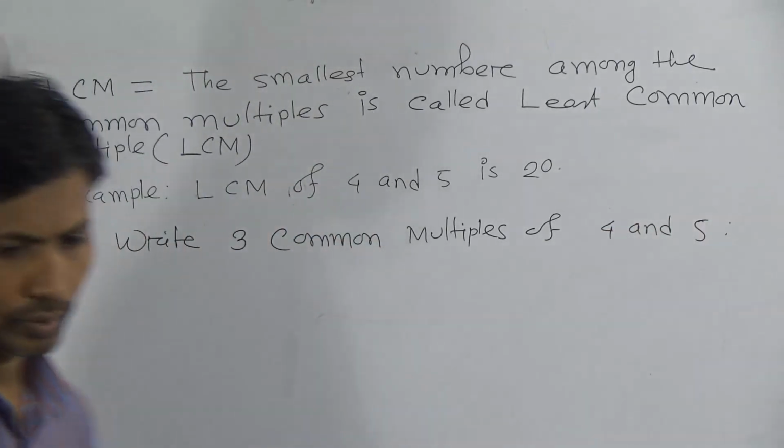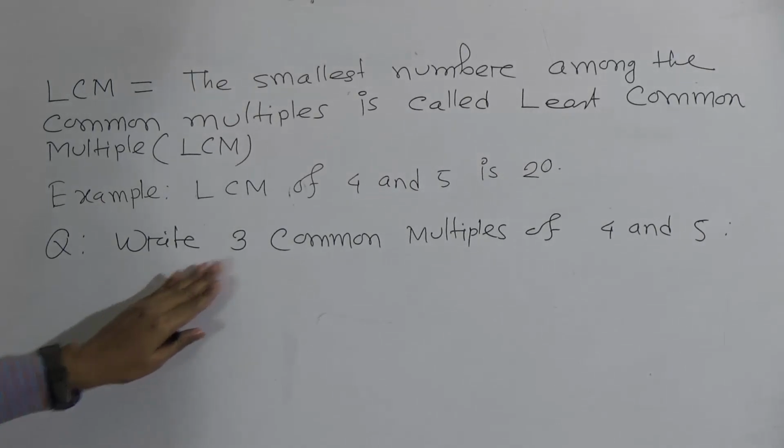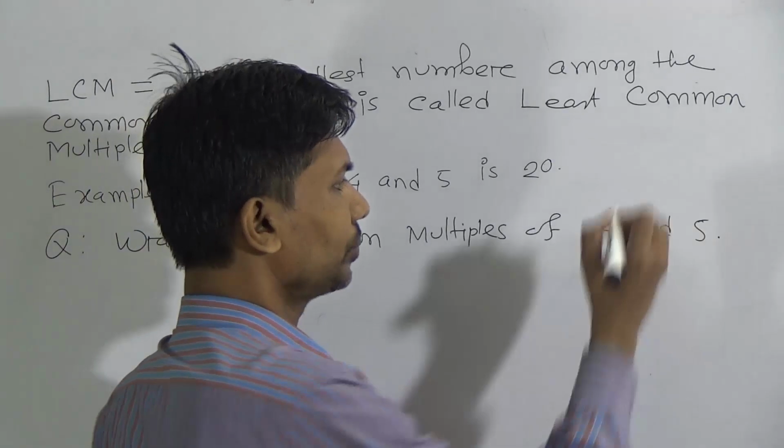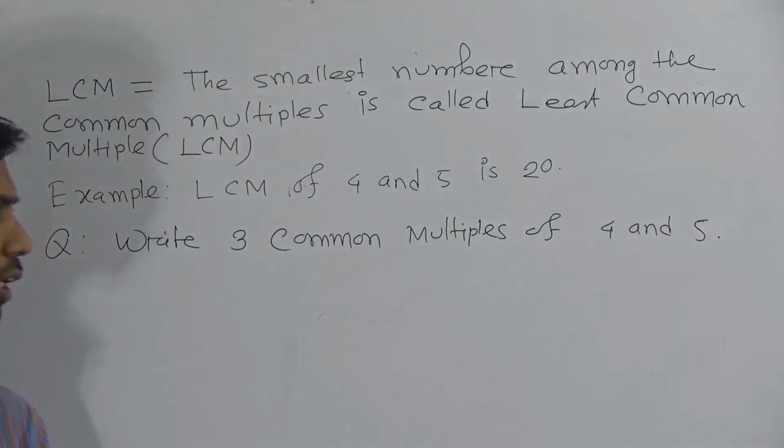Look, the question: write 3 common multiples of 4 and 5.